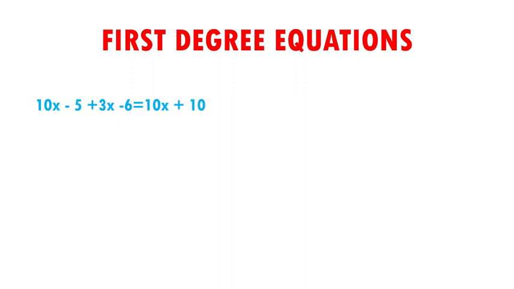In this case, I have 10x plus 3x is equal to 13x, and minus 5 with minus 6 gives me minus 11, and this is equal to 10x plus 10. Now I'm going to join the x's on the left side. The 13x stays on this side.